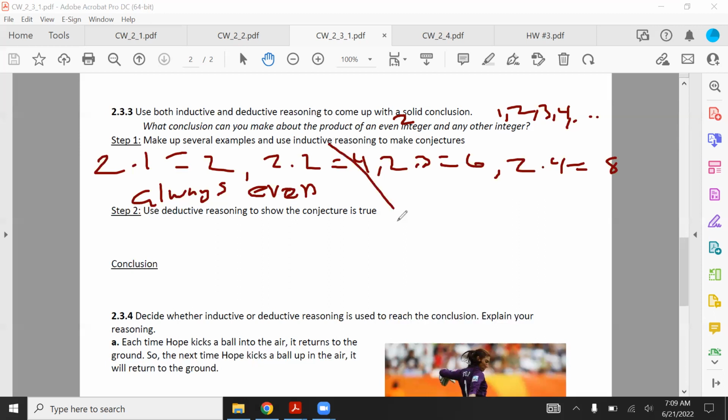I guess if you use inductive reasoning, you could say, I'm trying to think here.